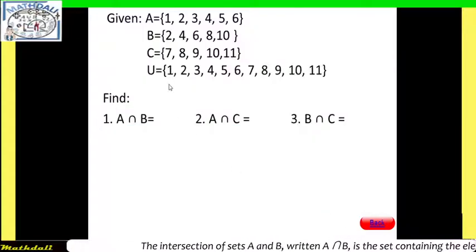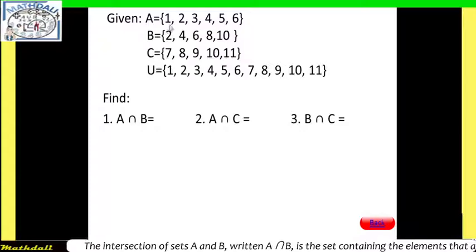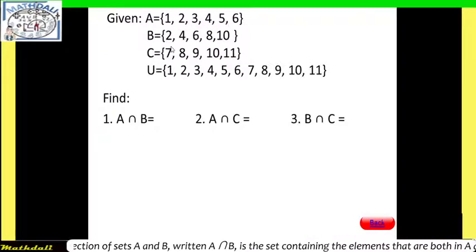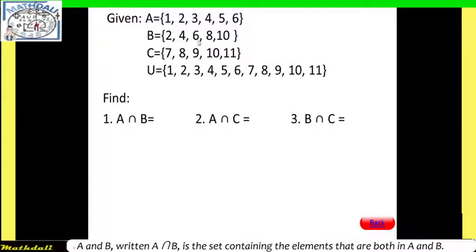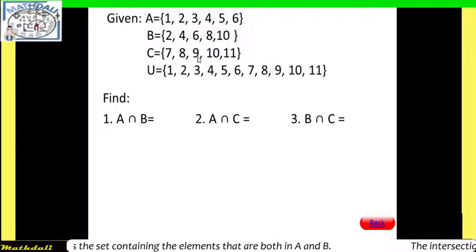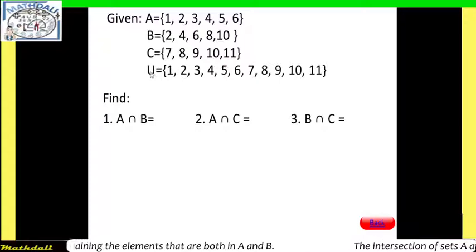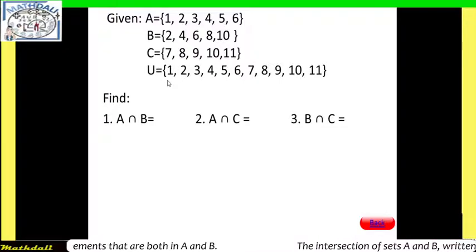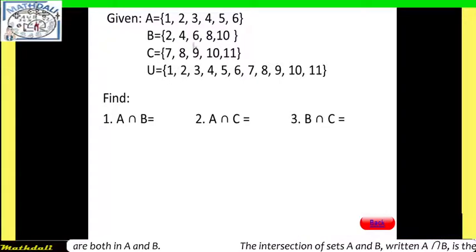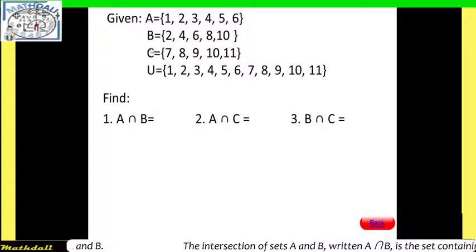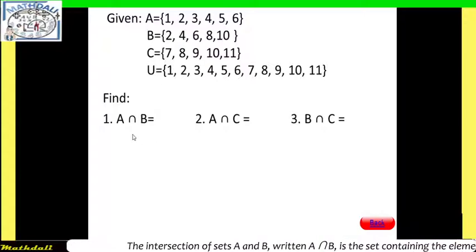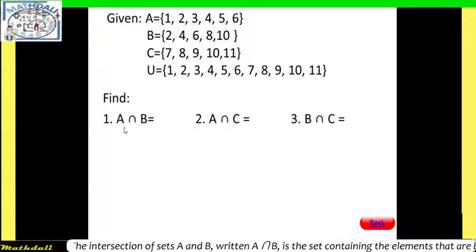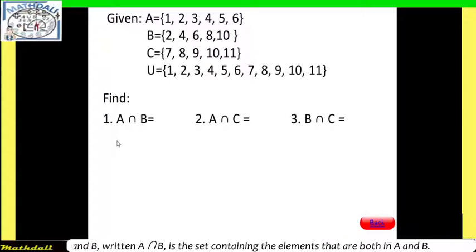Okay, so how about this one? Given set A containing the elements 1, 2, 3, 4, 5, and 6, then set B containing the elements 2, 4, 6, 8, and 10, set C containing the elements 7, 8, 9, 10, 11. Then we have this universal set that comprises the elements in set A, set B, and set C. We're going to find the intersection of set A and set B. So, what we're going to do now?